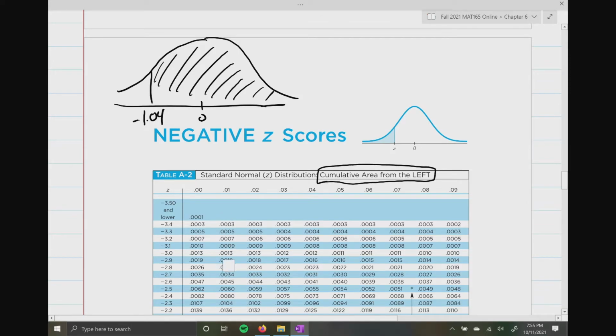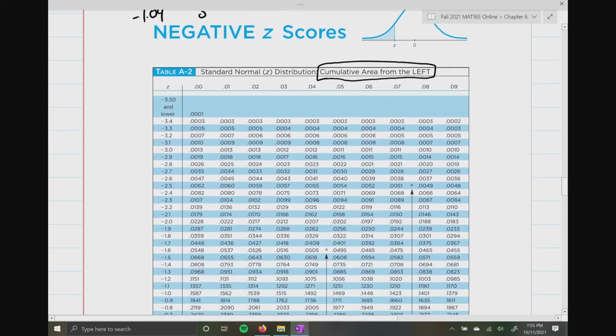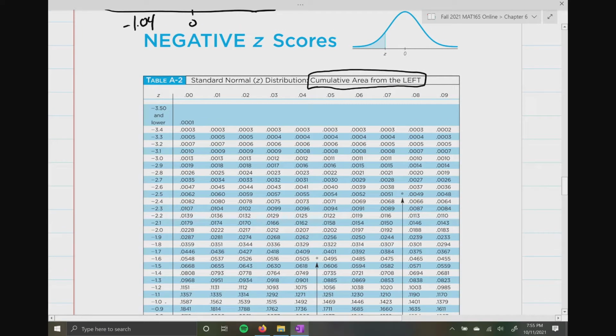Therefore, when I find the z-score for negative 1.04, here's negative 1.0, there's the 0.04. So notice it's going to give me an area of 0.1492, and I'm going to write that in the upper left-hand corner.